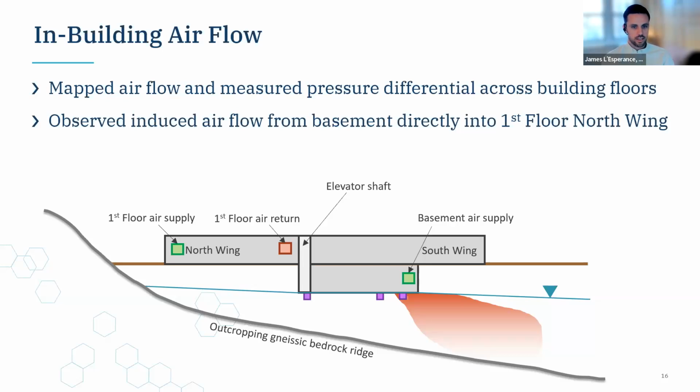We used HVAC plans from the building and also differential pressure across different building areas to look at how airflow is moving through the space. And what we discovered is that within the basement, air supply was pushing airflow south to north to an elevator shaft that was acting as a conduit between basement indoor air and first floor indoor air.